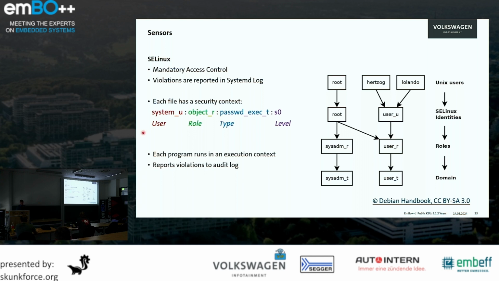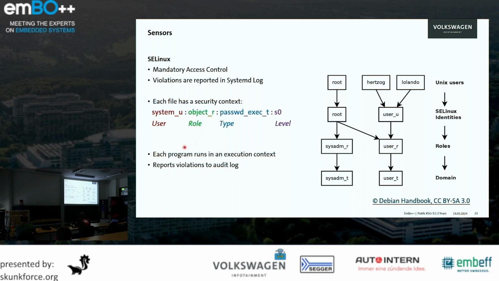So your file has the user system_u, for example, and your standard user has the user u and the role user_r. And you have the role of the file here. If this user tried to access a file with that configuration, you would get a violation. Access is denied, and you get an additional audit log.